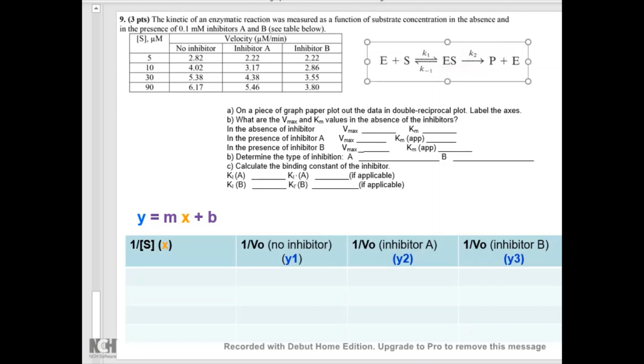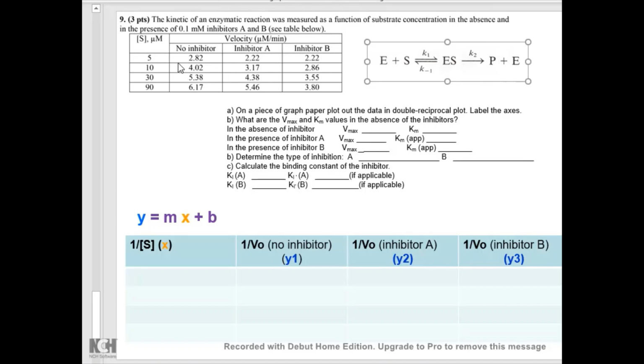Question number 9 provides you experimental data for a catalytic reaction. And of course, we follow Michaelis-Menten catalysis, in which the enzyme binds substrate to form the enzyme-substrate complex and then produces product.